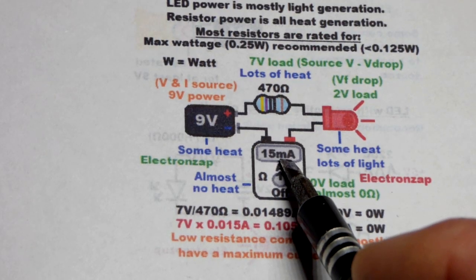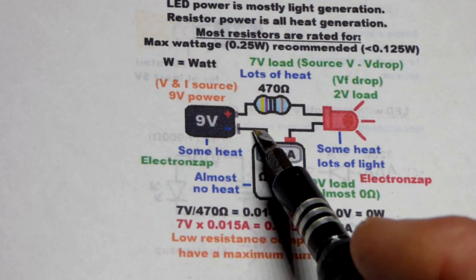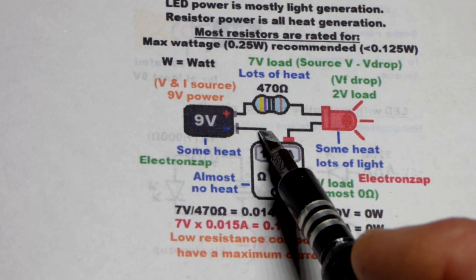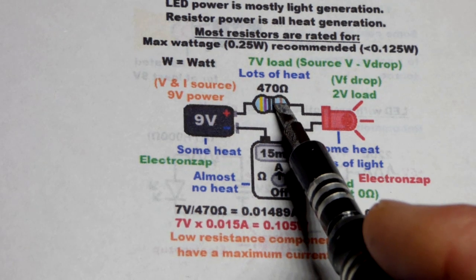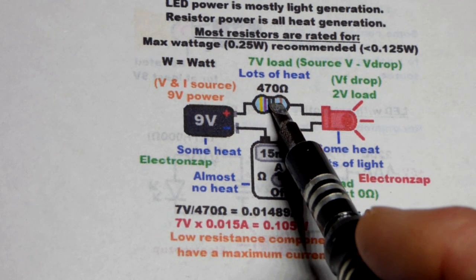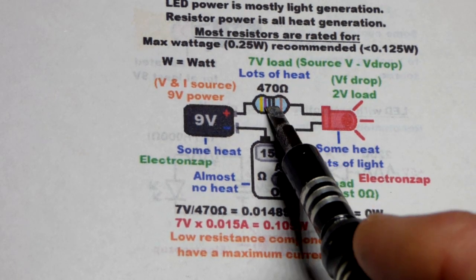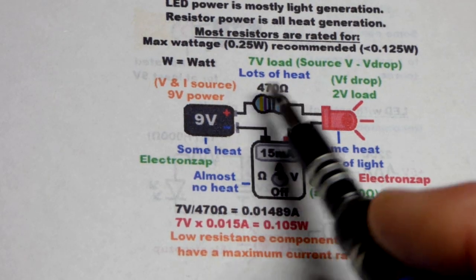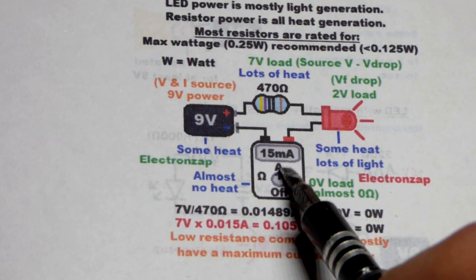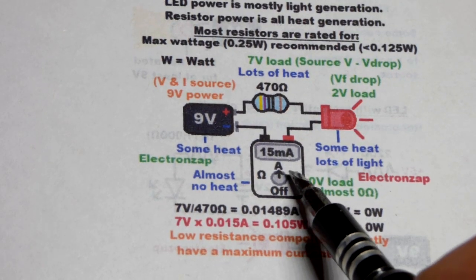So when you're measuring current, whatever you're measuring current with, you don't want it to provide any resistance. You want to keep it as low as possible, because whatever resistance it provides is going to take away some of the voltage across your current setting resistor in this case, and current through the whole circuit is going to go down, and you're going to get a lower current reading.